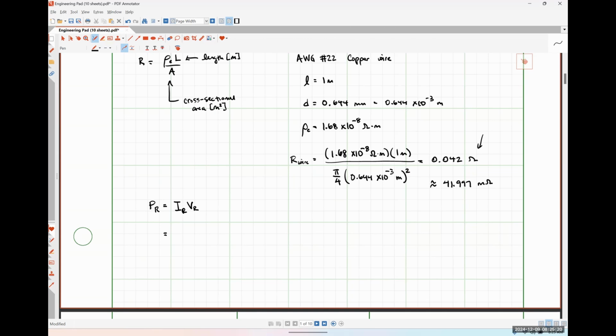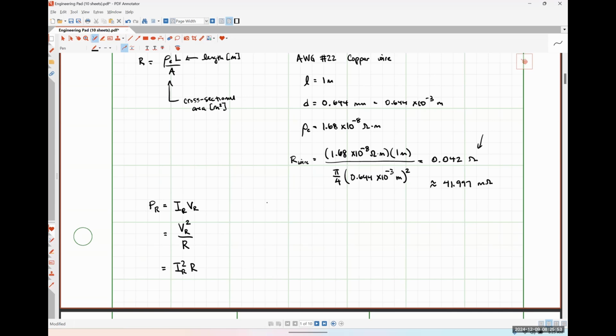This could also be written by substituting in Ohm's law as the voltage drop across the resistor squared divided by the resistor value, or the current flowing through the resistor squared times the resistor value. So these are power relationships where we either know both current and voltage, or just voltage and the resistor value, or just current and the resistor value. So depending on what information we're provided, we can choose whichever equation gives us the answer we're looking for.